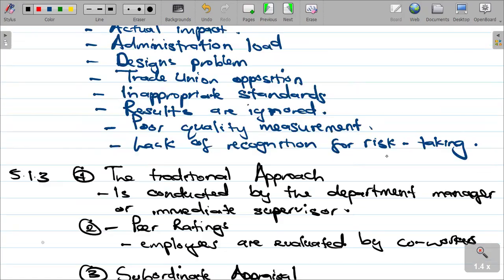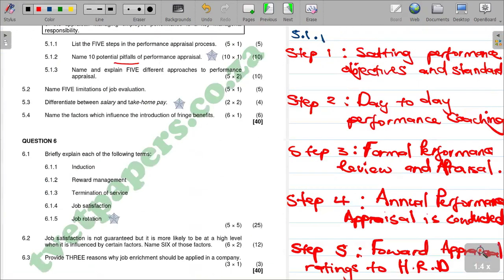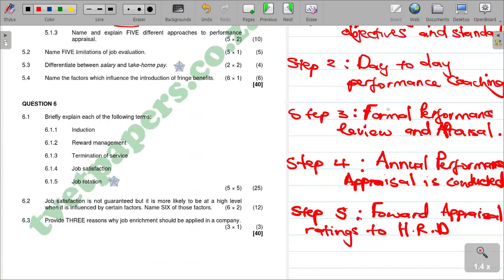Right. So let's move on to question 5.2. Name 5 limitations of a job evaluation.